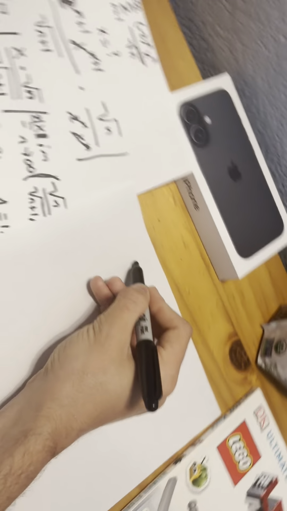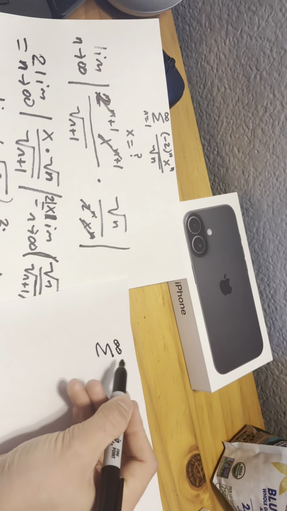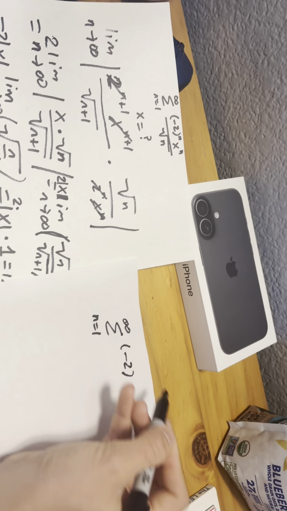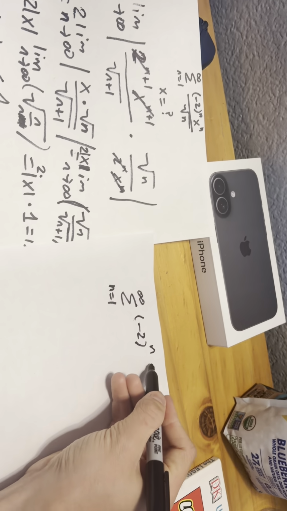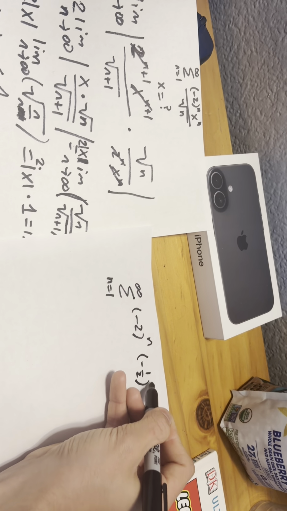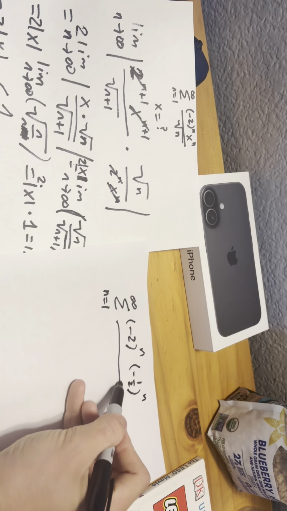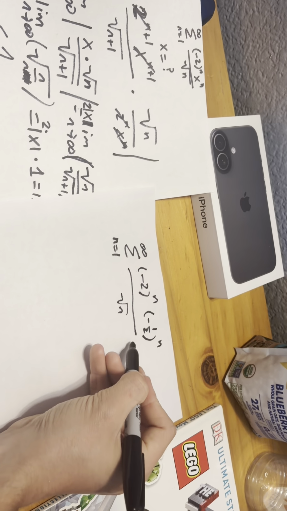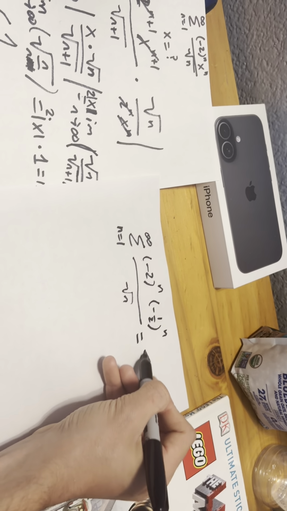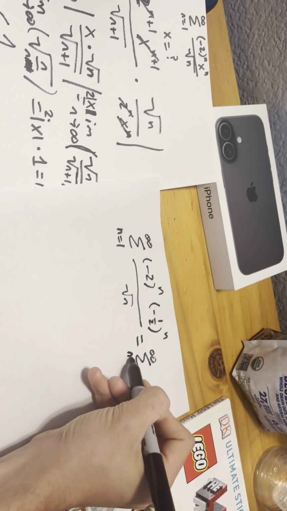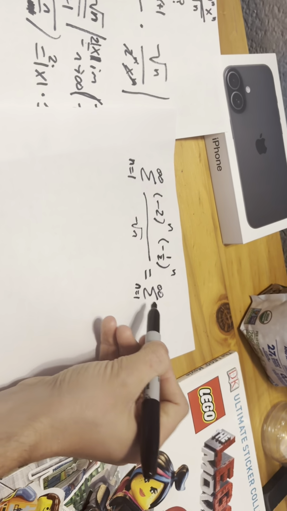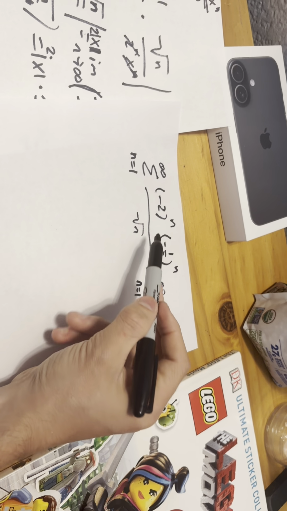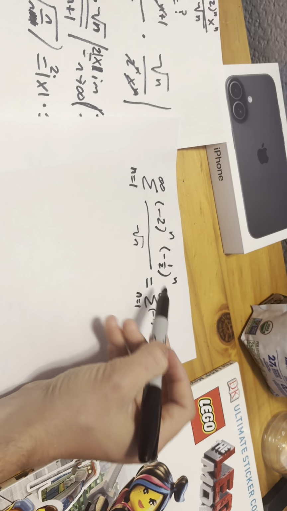So we're plugging in -1/2 for x in the starting equation. These negatives will cancel. Wait, let me write it out just to make sure. So it'd be -1 if you bring each one out.